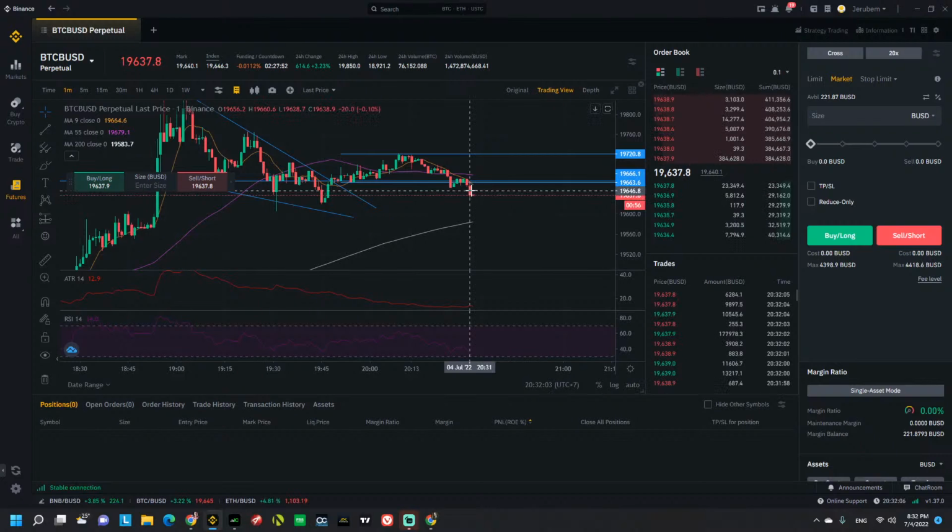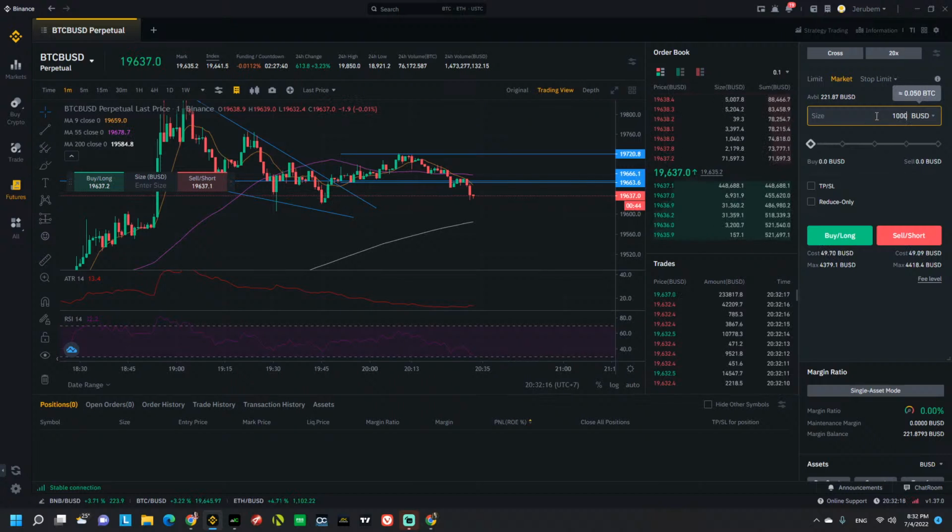For crypto, okay, so now we're going down. There's a good chance it might still go down. Let's just put something. Okay, 1000 BUSD is only 0.05 BTC.